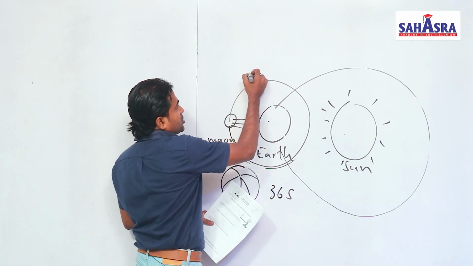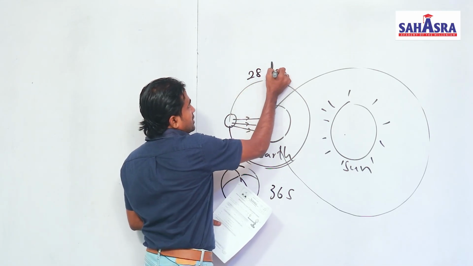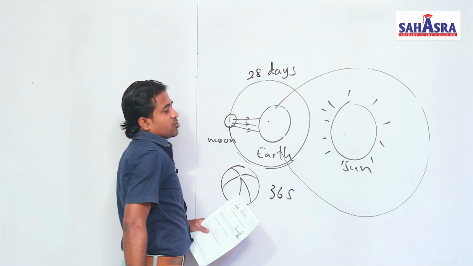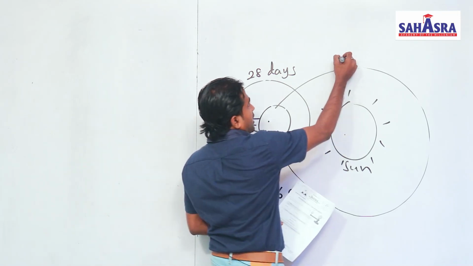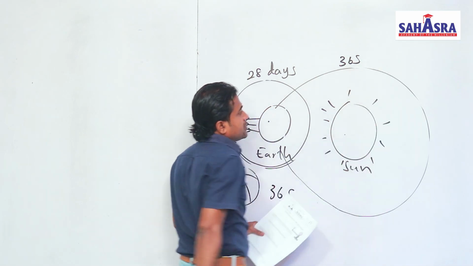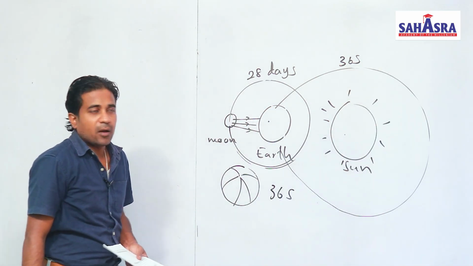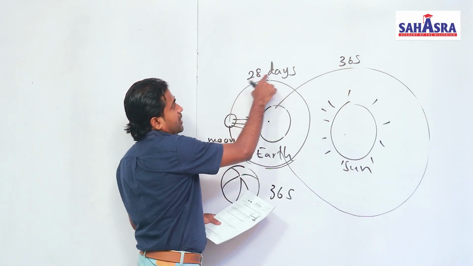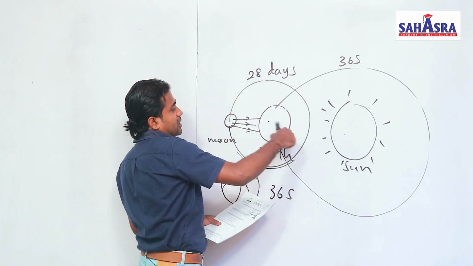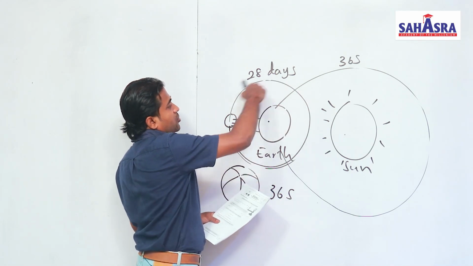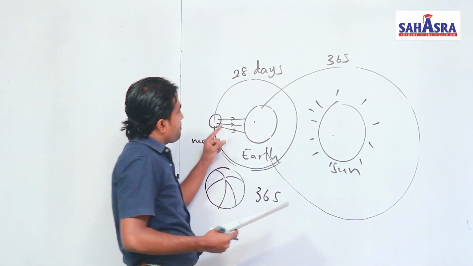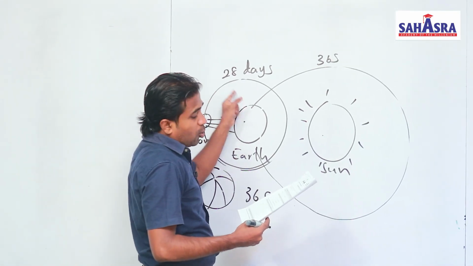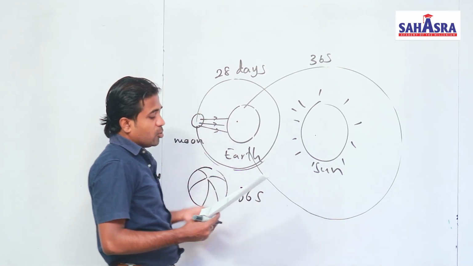So it takes 28 days to complete one cycle. The earth takes 365 days to orbit the sun, so the moon gets only 28 days. So the answer here should be the moon. The third answer should be the moon.